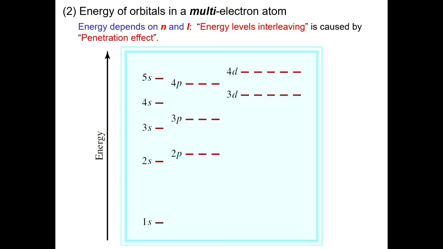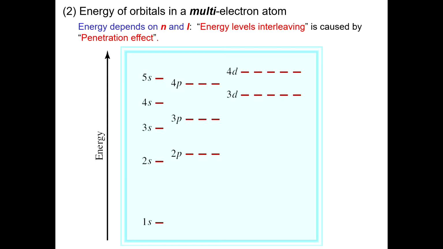The energy of 3p is lower than that of 3d. The energy of 3d is higher than 4s. Yes, and also 4s is even lower than 3d.